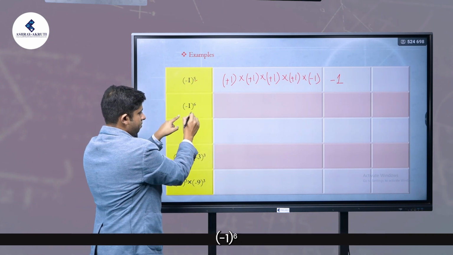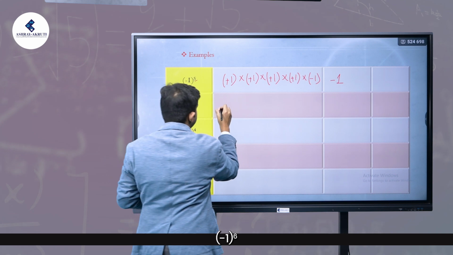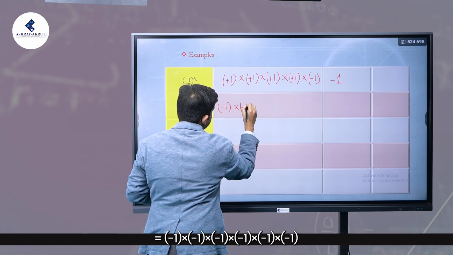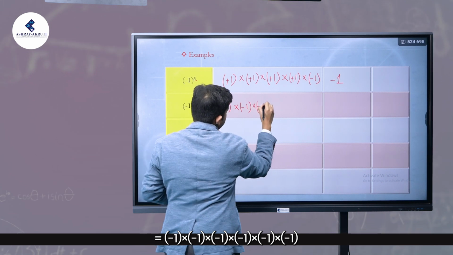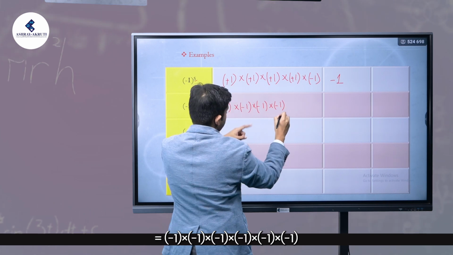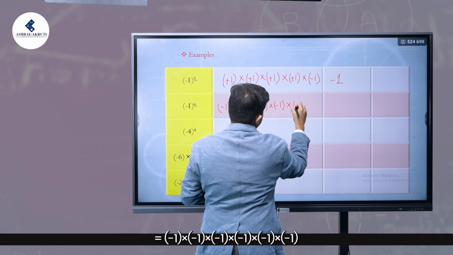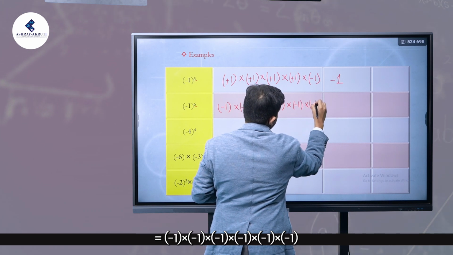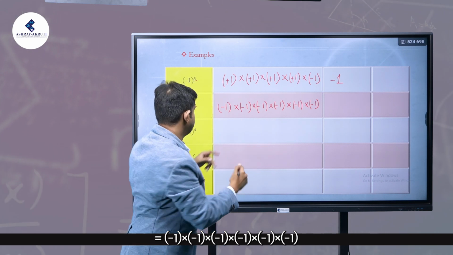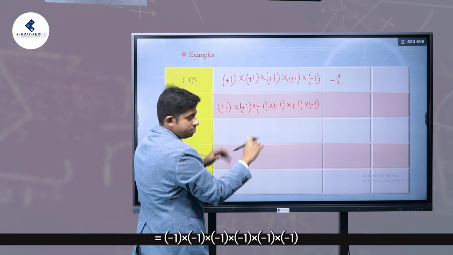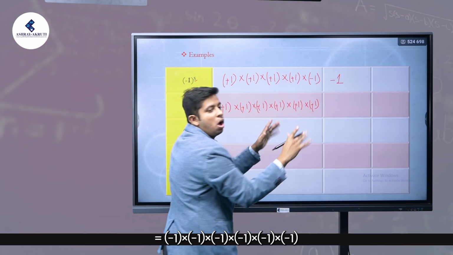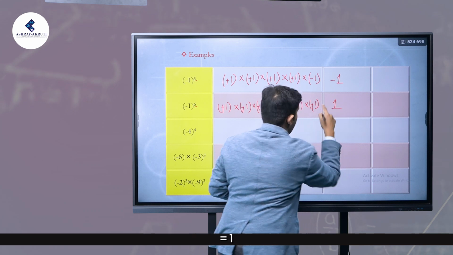Next, we have minus 1 whole to the power of 6. Minus 1 into minus 1 into minus 1 into minus 1 into minus 1 into minus 1, which is 1.